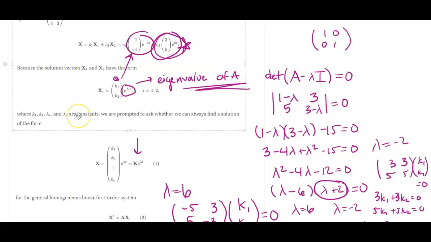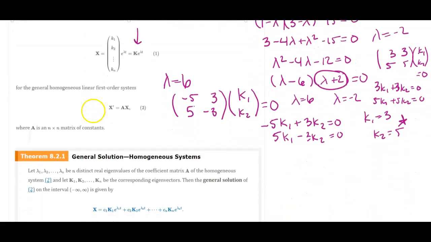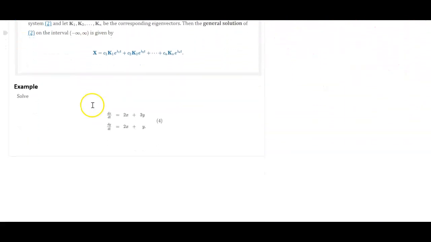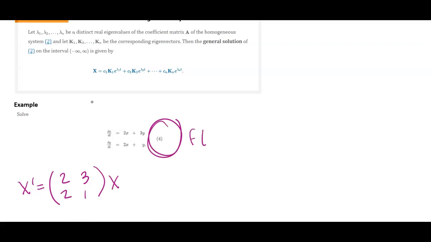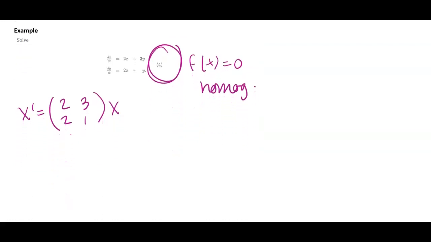Okay, let's look at another example where we take this all the way from the beginning and work all the way through. We'll find the eigenvalues first. Let's first set up our x prime equals 2, 3, 2, 1, x. There's no f of t function here, so this is homogeneous, which is nice. You need to find the eigenvalues first.